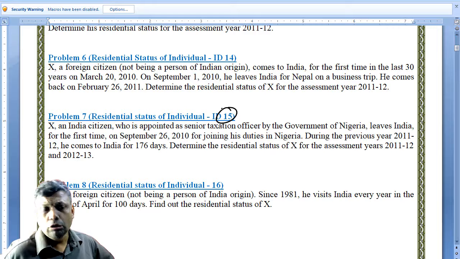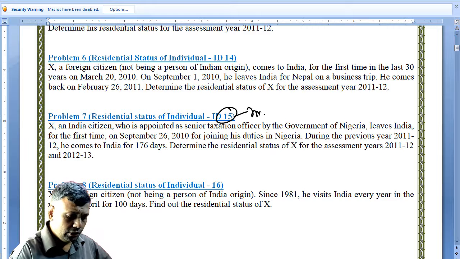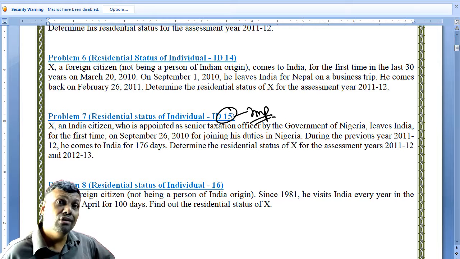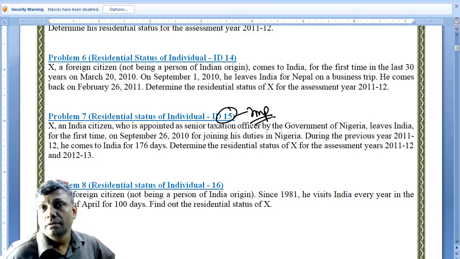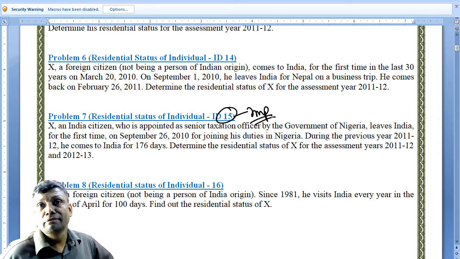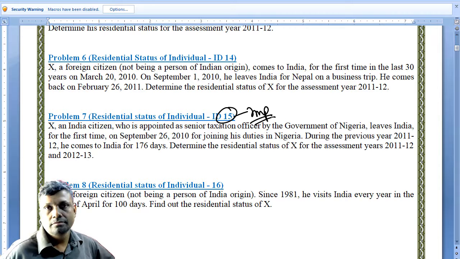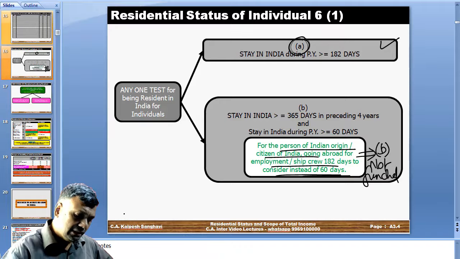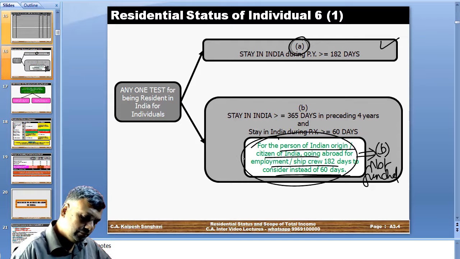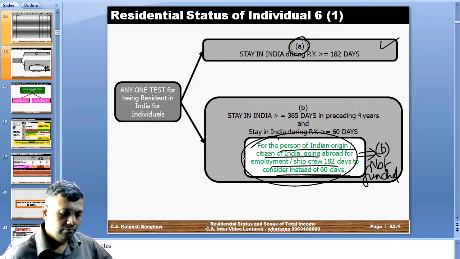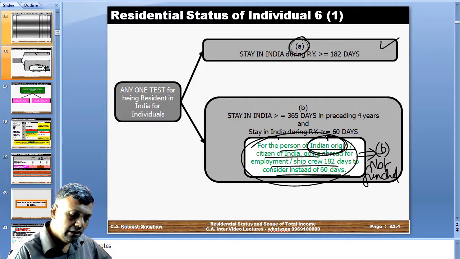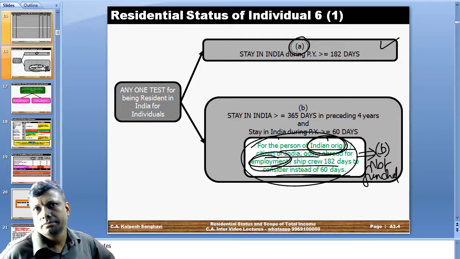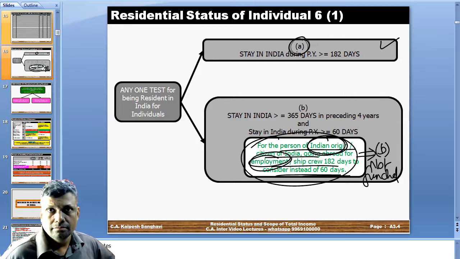This is also a good conceptual question, marked as an important question. Why am I particularly telling you about a question like this? Because it tests your knowledge of the concept of condition B being not functional. This question is based on this particular concept, friends, which I have already discussed. He is a person of Indian origin and he is going outside for the purpose of employment; the government of Nigeria is employing him.